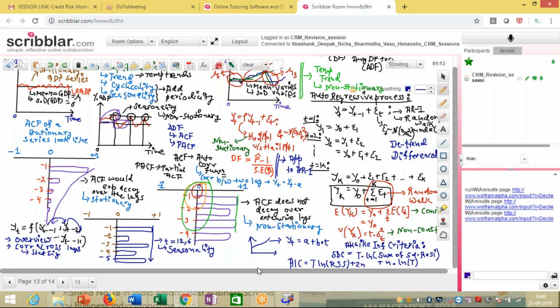So in this T log RSS, n is the number of estimated parameters and T is the number of usable observations. So n is the number of estimated parameters, and T is the number of observations.